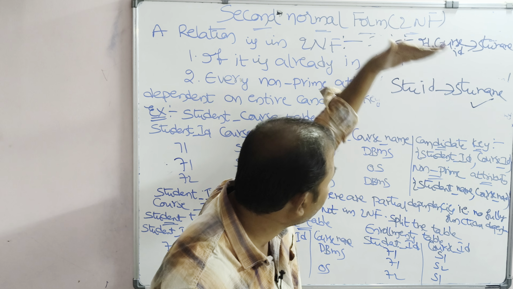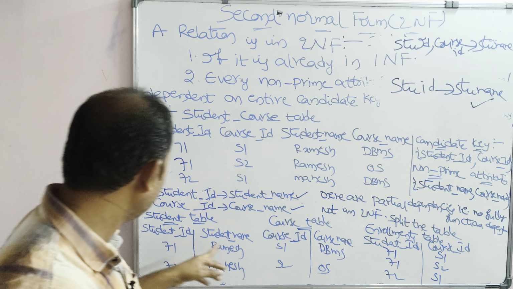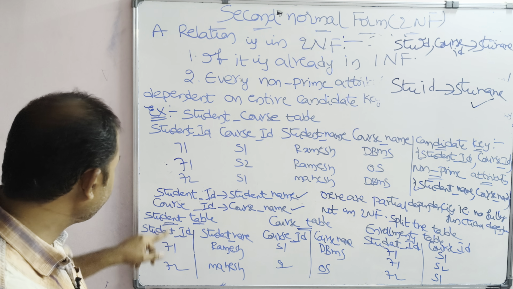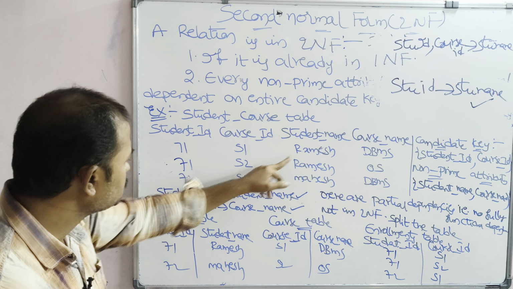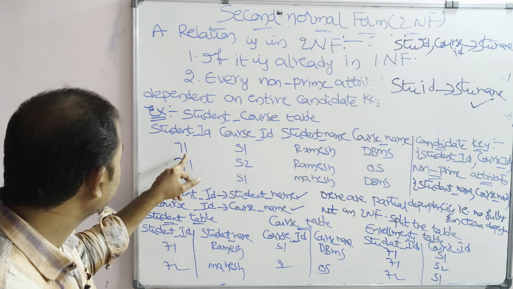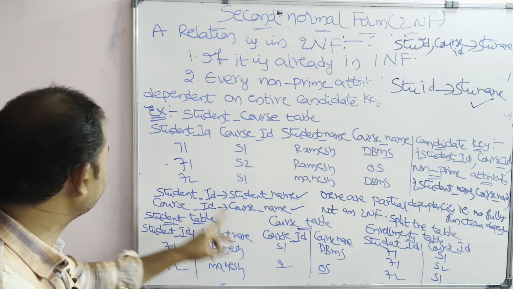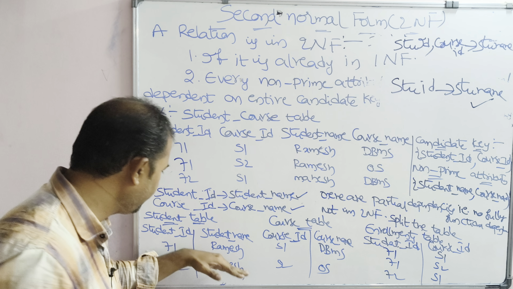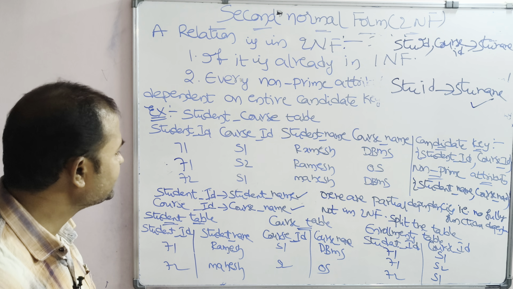There is no partial dependency here. If we observe the data, student ID is 71, student name is Ramesh. Next, student ID is 72, name is Mahesh. So we have the corresponding students' data.